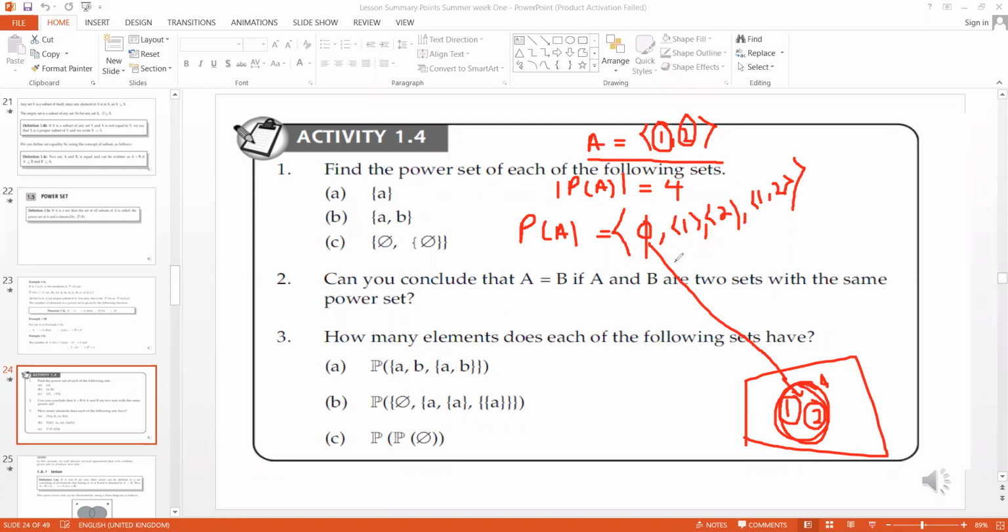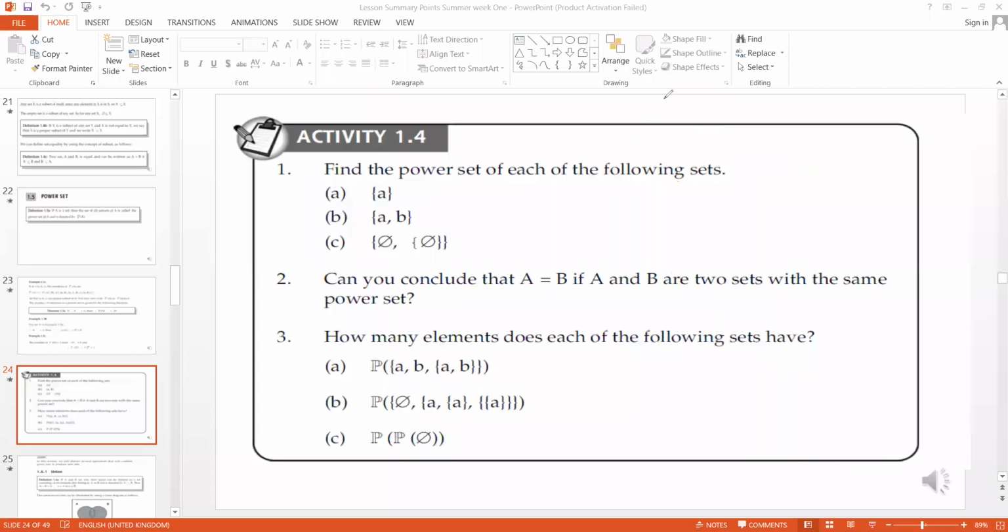So these 4 subsets account for the 4 which we calculated earlier. Adams, I hope I've addressed your question for you. Okay. Good. If there's any other question, you can raise your hand whilst we move on.